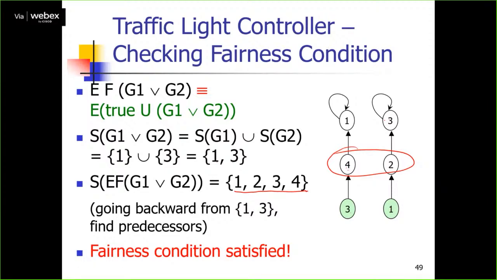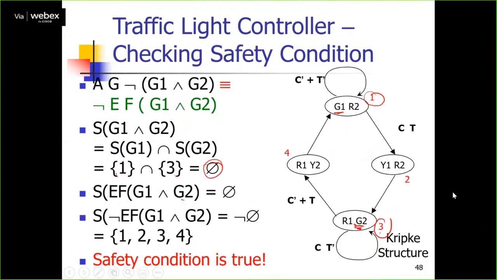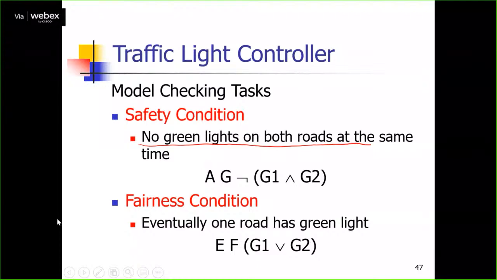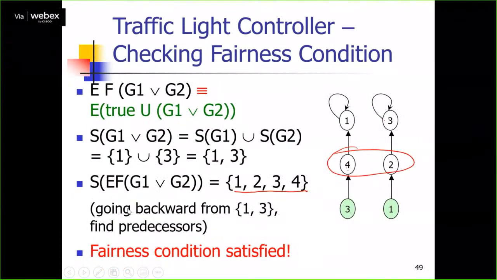For the fairness condition, I can go from 1, 2, 3, or I can go from 3, 4, 1, right? Anyone. My fairness condition is at 4 and 2. If I take that fairness, when will it be true?